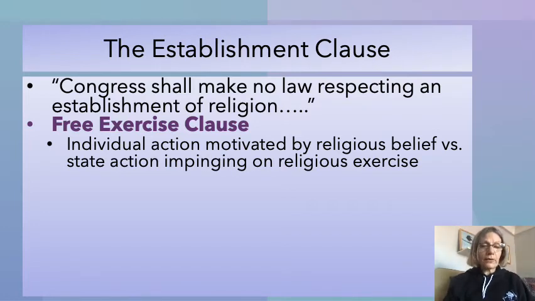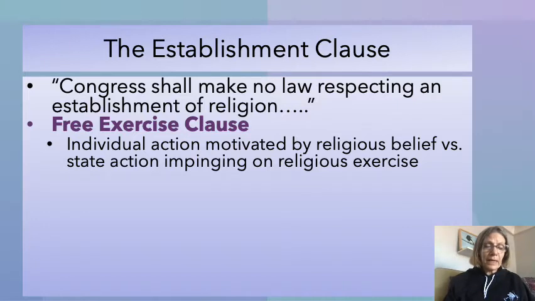So take the concrete example of Yoder versus Wisconsin. In Yoder versus Wisconsin, the Yoder family did not want to send their kids to school after 8th grade. They felt that getting a worldly education in high school made it very difficult for them to practice their religion and to transmit their religious beliefs to their children, and that as a family they had a right to do that, and it's protected by the First Amendment.